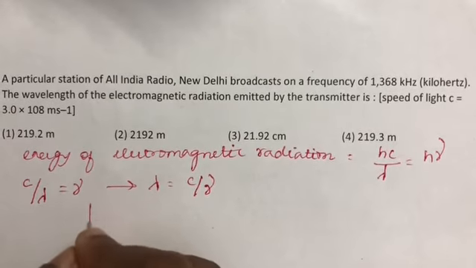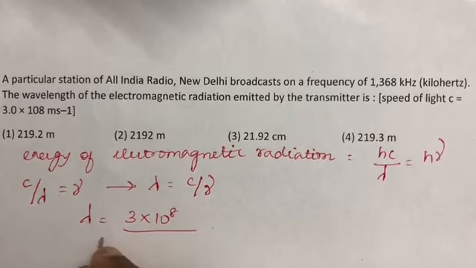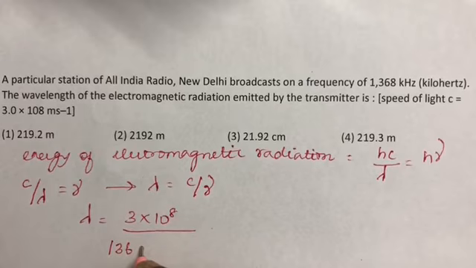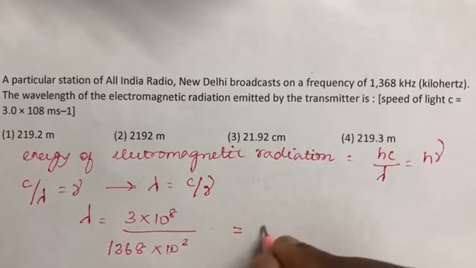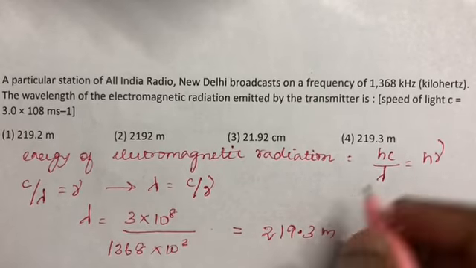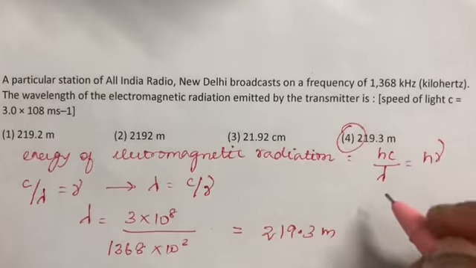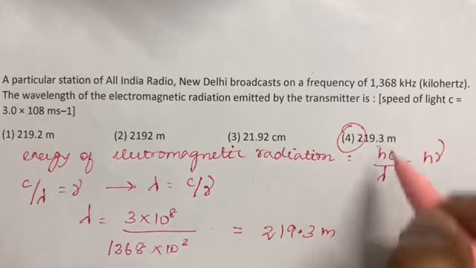So lambda is equal to 3 into 10 power 8, that is the speed of light, by 1368, that is the frequency, into 10 power 3. When the calculation is done, the answer will be 219.3 meter, which is option 4. So the wavelength of the electromagnetic radiation emitted by the transmitter is around 219.3 meter.